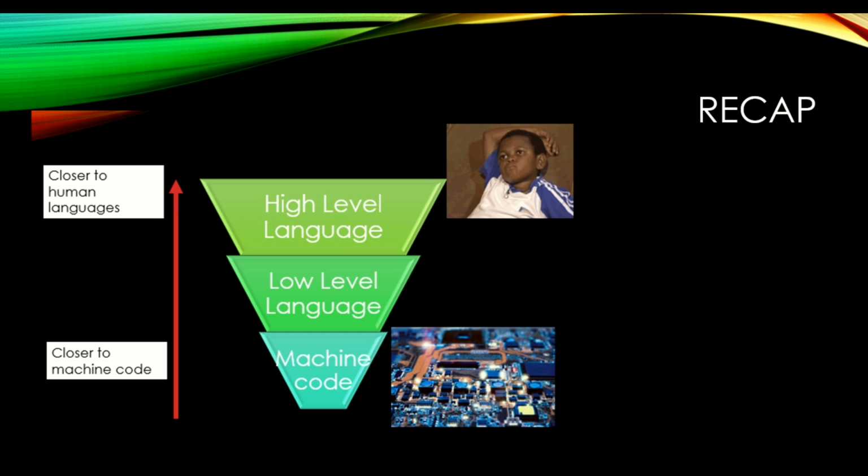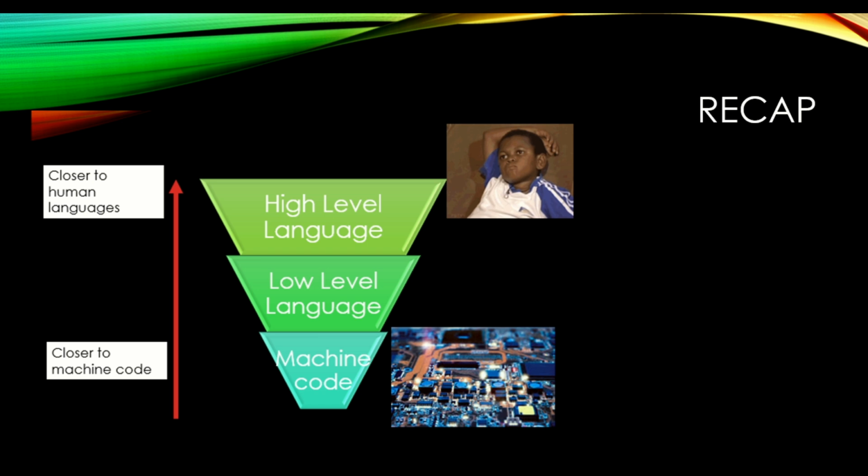So, a small recap. We have seen different levels of languages, starting with machine code, which is closer to the hardware level and is usually 0101, which is a binary number. Next, we have the low-level language, which includes a little English keywords or mnemonics.